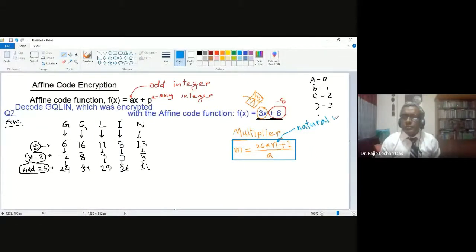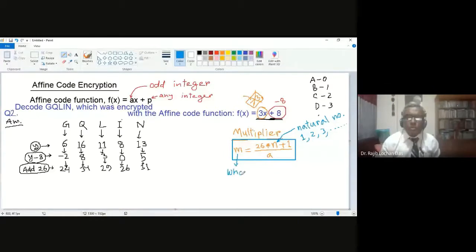If you start from 1, it's up to you, not less than 1, and then 2, 3, 4, 5, 6, any number you can put, and you multiply by 26, then plus 1, then divided by a, and you check the multiplier value will be a whole number.